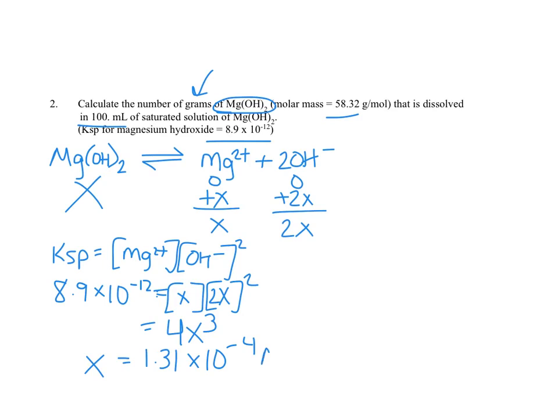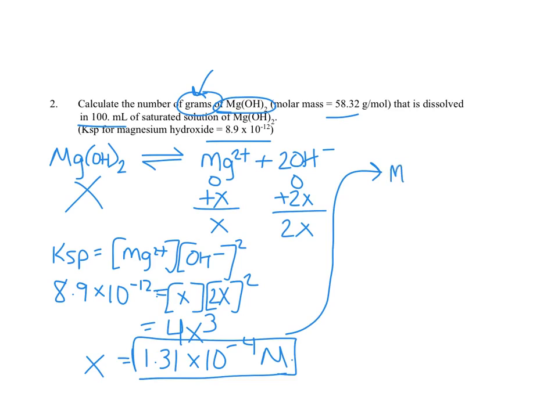This is my molar solubility. That's in units of molarity. That's not my answer. My answer is going to be in grams. So what I need to go ahead and do is remember that if I'm going to solve for grams, then I'm going to need moles. And moles is molarity times liters.